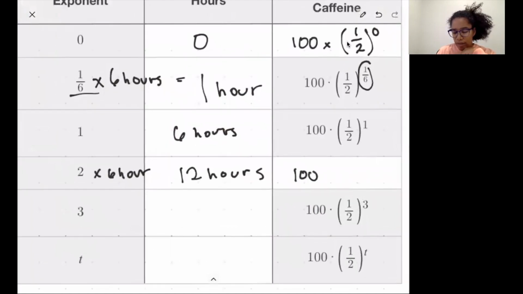We still have the same amount of starting caffeine times 1/2, the growth factor. And now we're talking about 2 time periods. So then our next exponent is 3. So we have 3 time periods, each time period lasting 6 hours, and we get 18 hours.